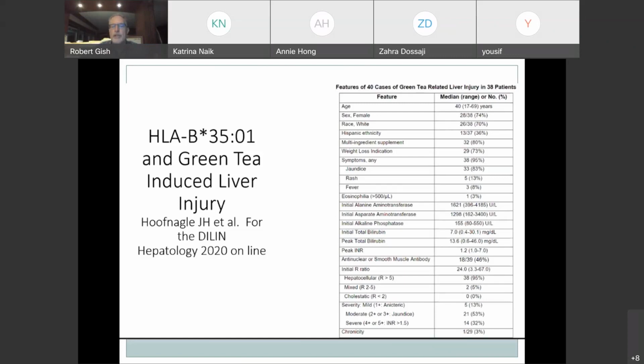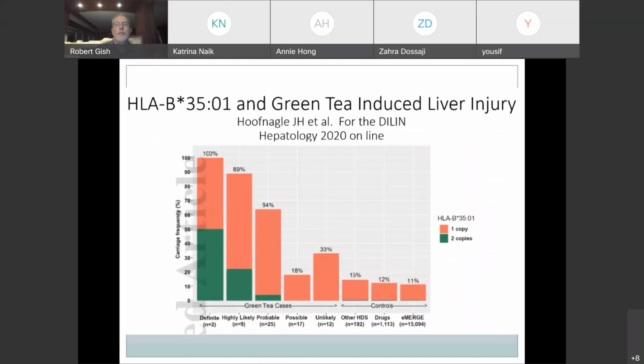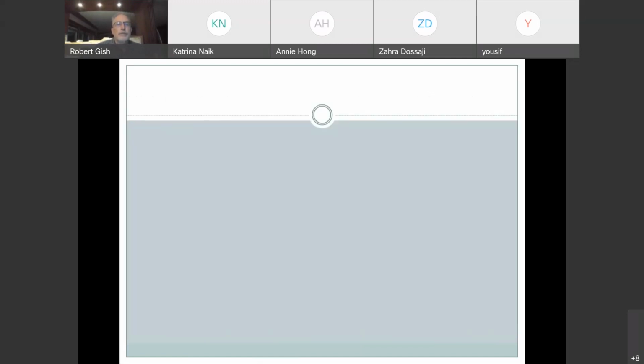Half the patients had an autoantibody. So these are very nonspecific, and it goes back to a great history or liver biopsy or both to help sort this out. So it has to do with whether you have one or two copies. So obviously two copies gives you more likely, probable, definite induced disease.